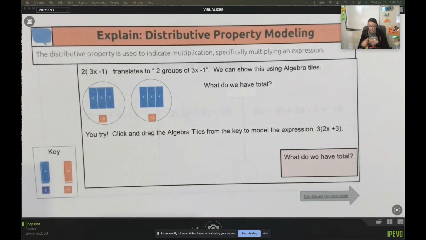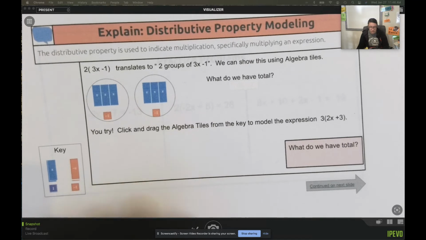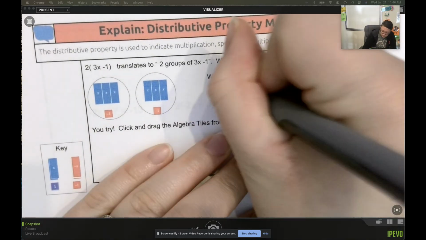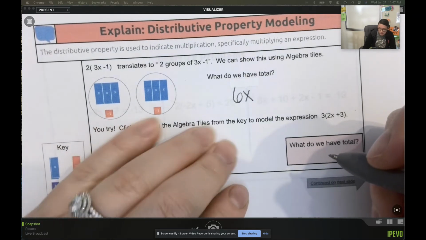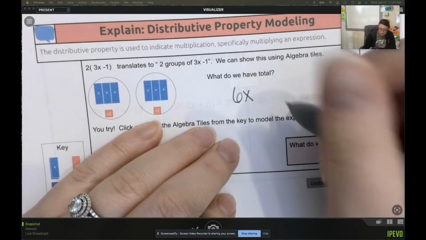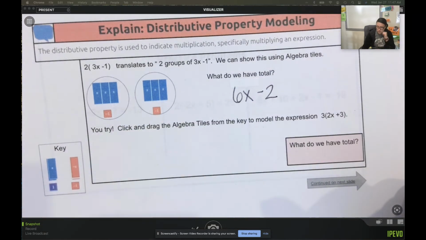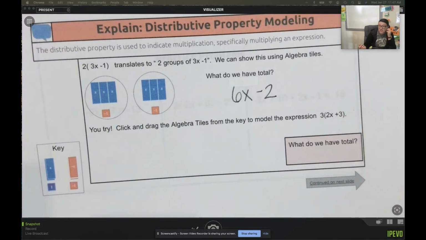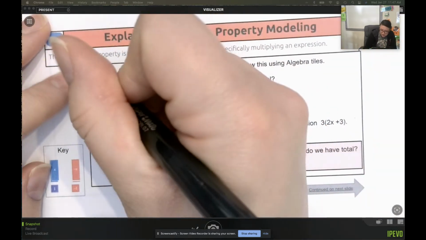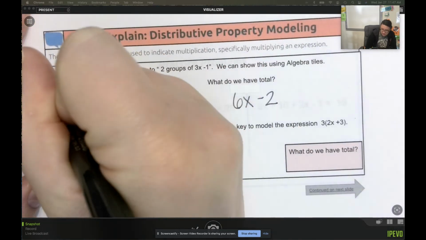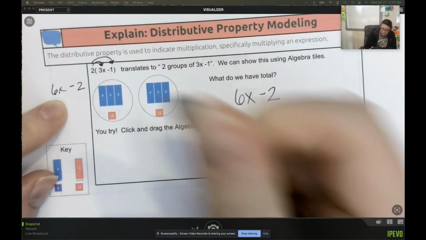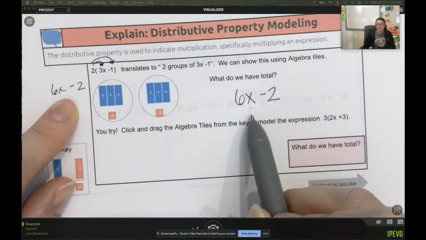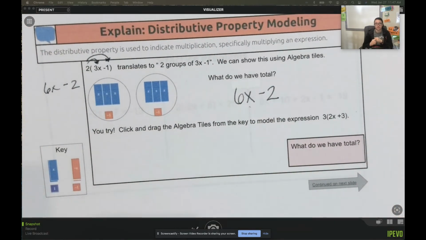So altogether, how many x's do I have total? 6 x's. And how many singles, how many constants? Negative 2. And if we did it the normal way that we've been doing it in class, 2 times 3x gives me 6x. 2 times a negative 1 is going to give me a negative 2. Same thing, 6x minus 2.